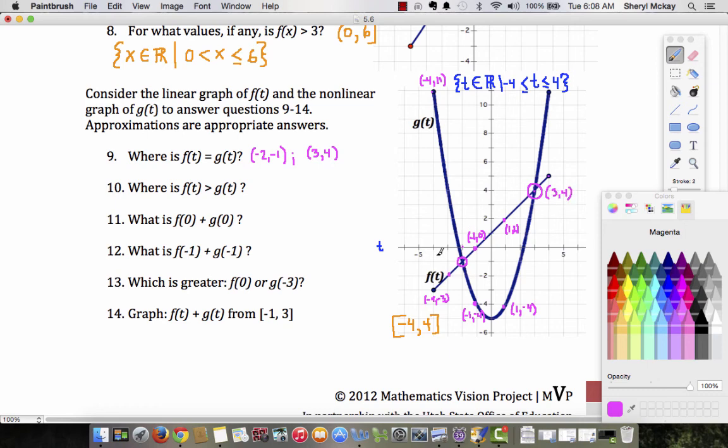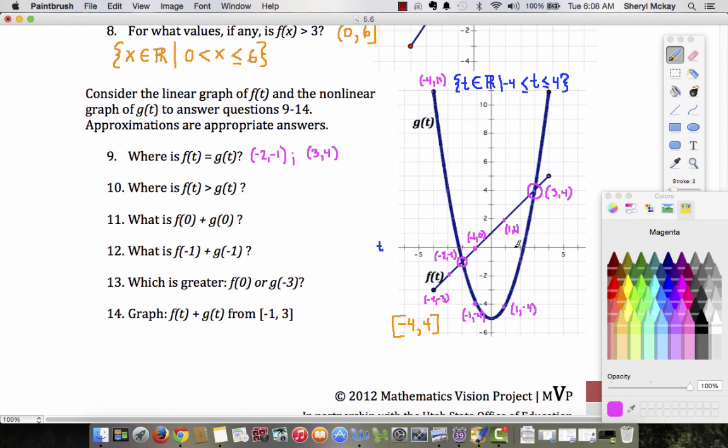And we said this point here where they were equal was (-2, -1). So between -2 and 3 on the t-axis, when t is -2 to 3, then f of t is going to be larger than g of t, which ends up down here.